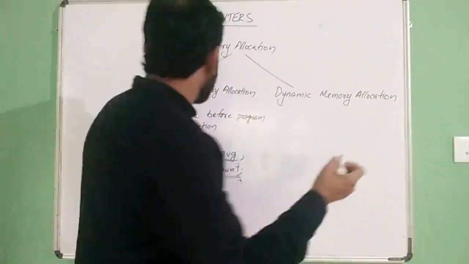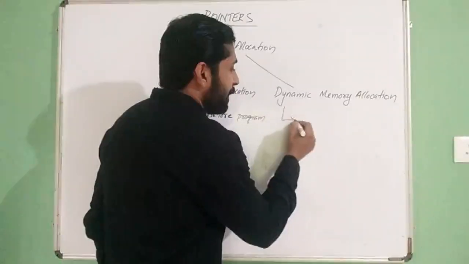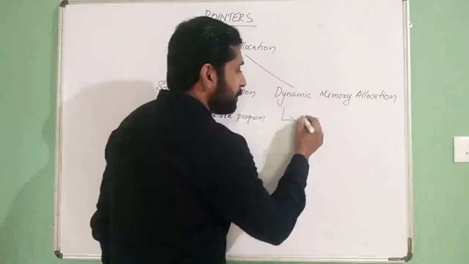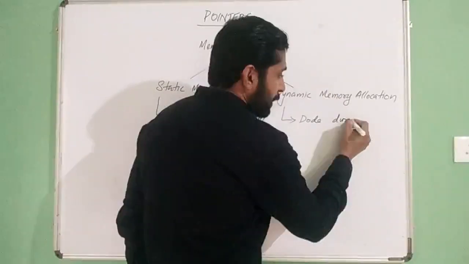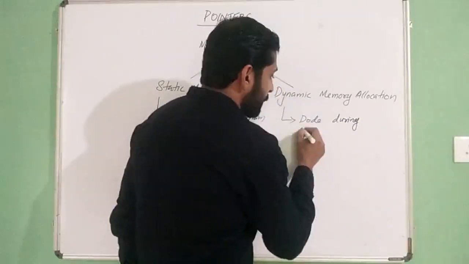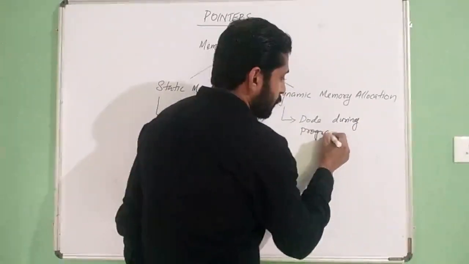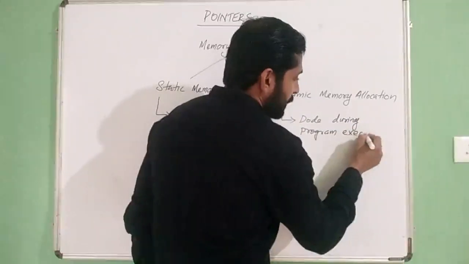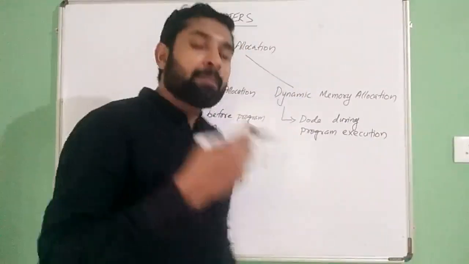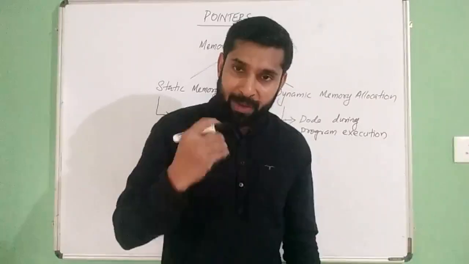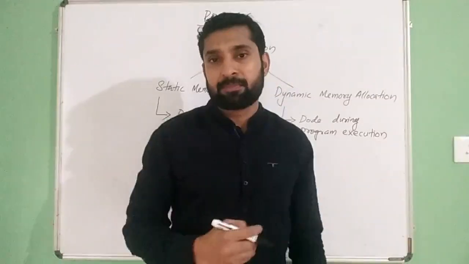In dynamic memory allocation, allocation is done during program execution. So the required memory is reserved whenever it is needed.